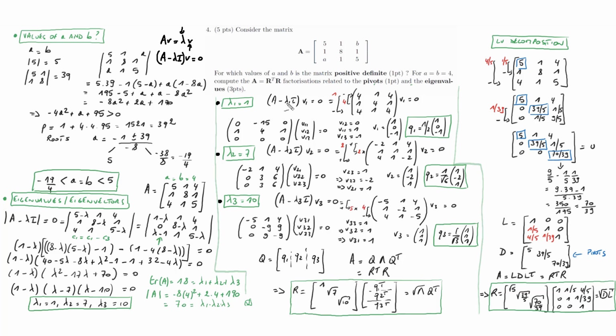If you plug in lambda 1, this is the system of equations that you obtain, and obviously it's a good idea to do some row operations to produce some zeros over here to make it easier to find v1, right? And v1, then you have to give it a length 1, and this produces q1, which is the first column of Q in the decomposition of A, Q lambda Q transpose.